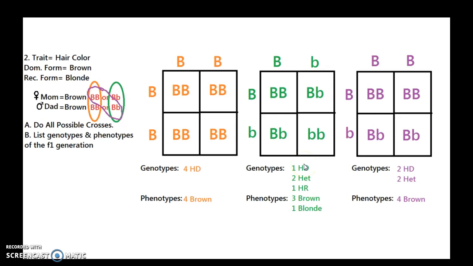To look at what our phenotypes will be, you'll see here that 3 out of our 4 boxes have capital B's, which are dominant. And the dominant will hide or mask the recessive. So there is a 1, 2, 3 out of 4 chance that our offspring here will have brown hair. So it's a 75% chance.